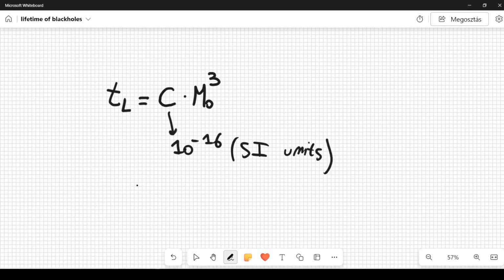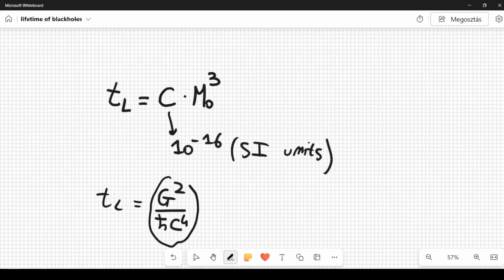If you want to be more precise, you can rewrite T_L also in another form. It can be written as G squared, where G is the gravitational constant, squared, and then we divide by the reduced Planck constant, and then we have the speed of light to the power 4.